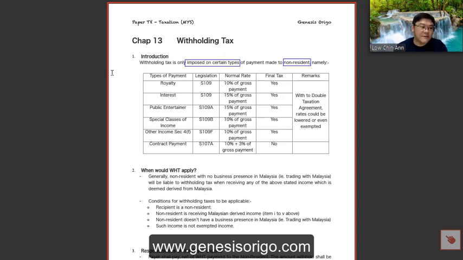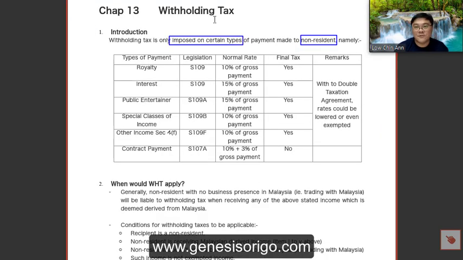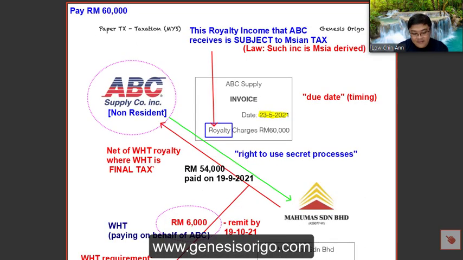Because if you have a client, your client is going to ask you, need withholding tax? And you've got to answer yes or no, right? If you don't know how to answer, how are you going to do your work? So that's going to be the next thing we study.